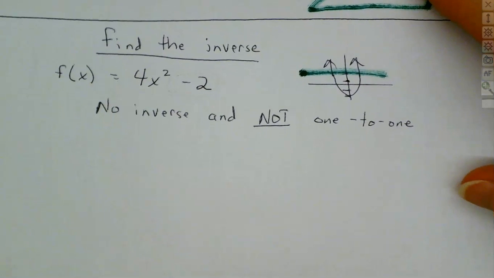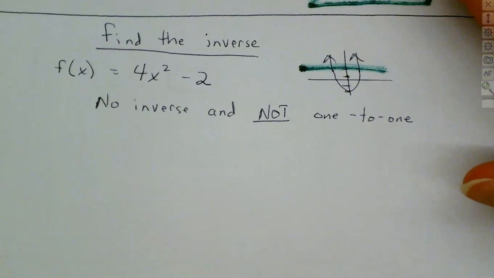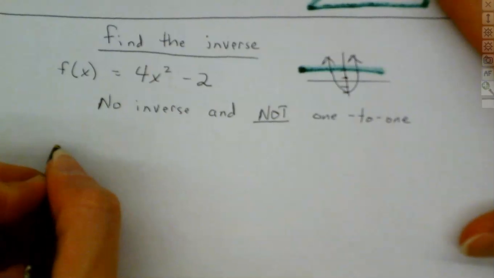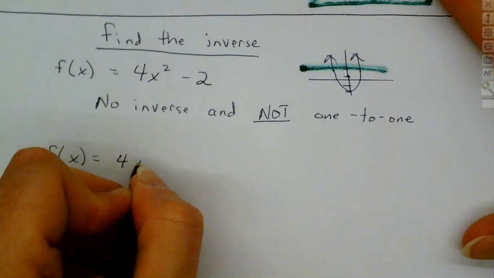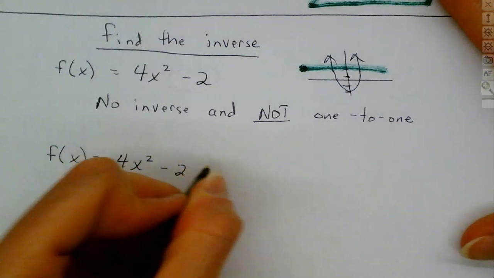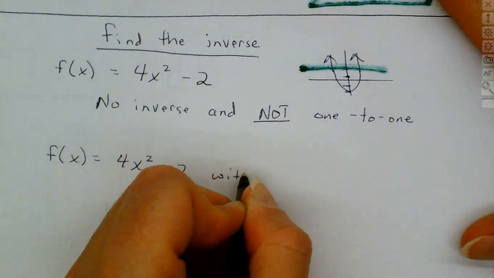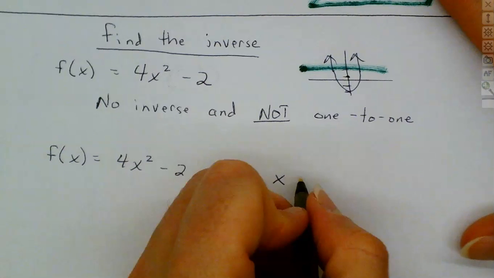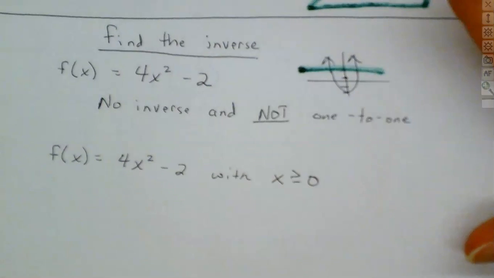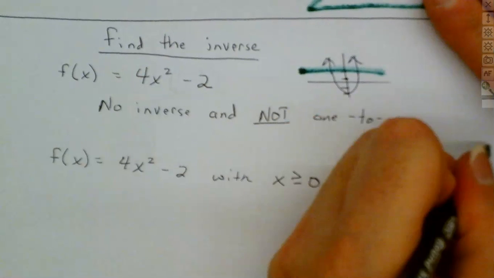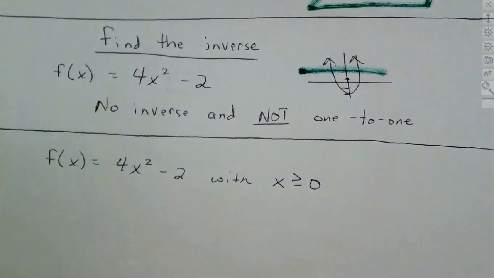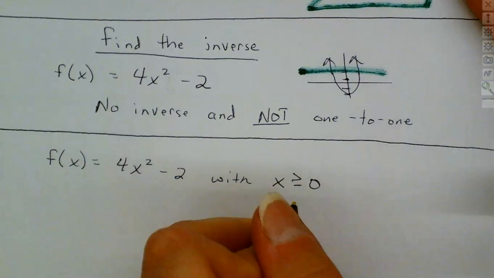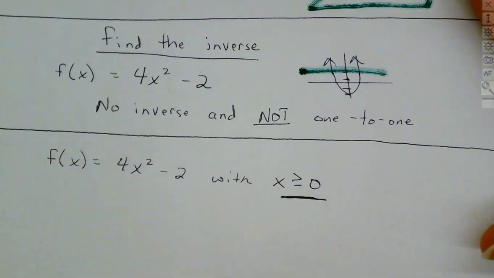However, there are some that we can work with. If I were to change it to be this, then it would have an inverse. Why would this one have an inverse now? Well, what am I doing here? I'm restricting the domain.